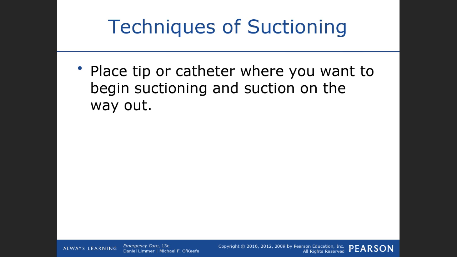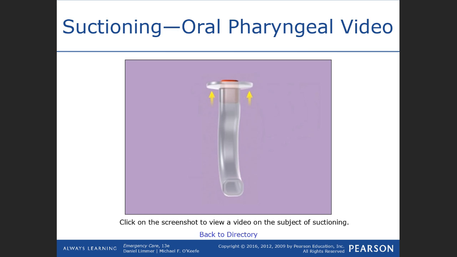Right? So once you get to the liquid, create suction, move side to side or in a circular motion out. There are some airway adjuncts in which a suction catheter can be passed through the OPA.